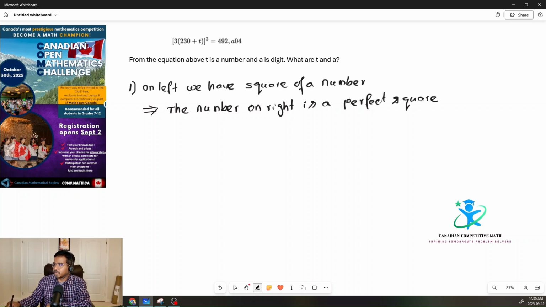What are perfect squares? If you take 25 and multiply it by 25, you will get 625. So this is a perfect square.